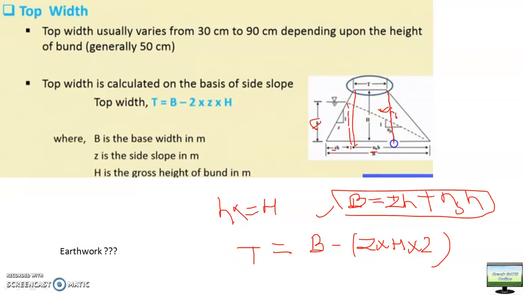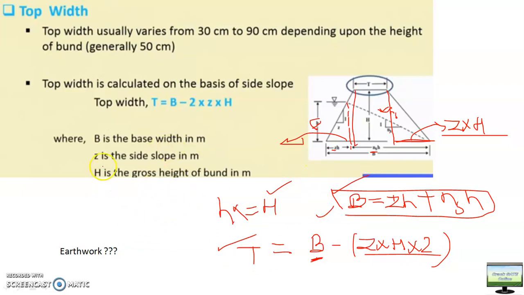So what will be this distance? This will be Z, the side slope, multiplied by the total height, one for this side and the same for this side, so 2 times Z into H, subtracted from the base width. Now you came to know the total height, the base width, and the top width. So you calculated the bund cross section.